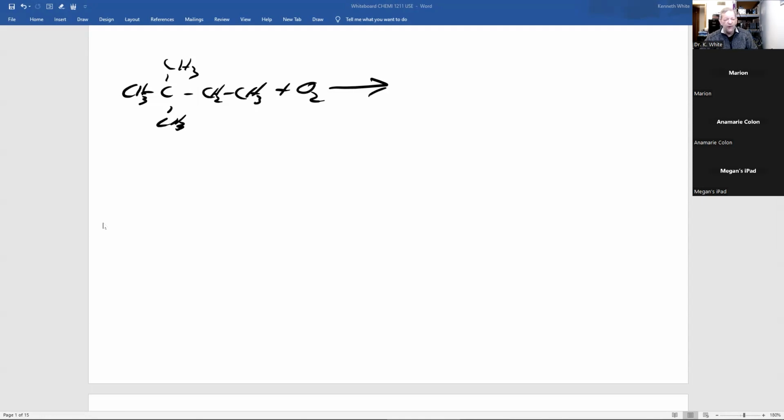All right, so what do we have here? An alkane. We're reacting with oxygen, and the general reaction, which I hope you memorize, alkane plus oxygen gives you carbon dioxide plus water, or you could have written water plus carbon dioxide, CO2, H2O first.